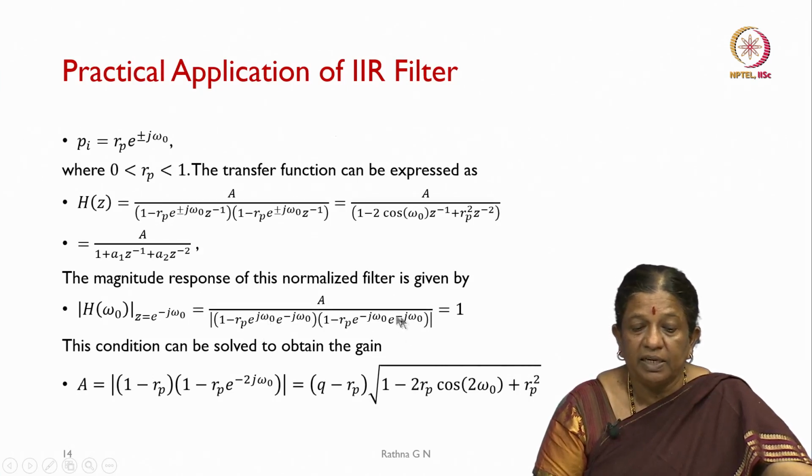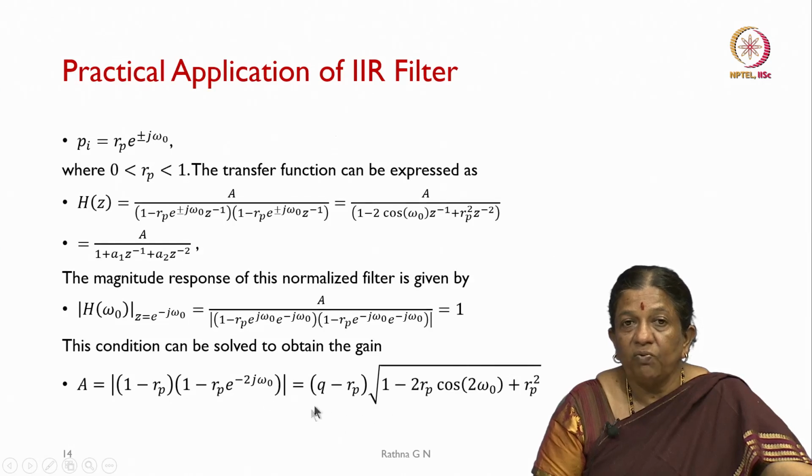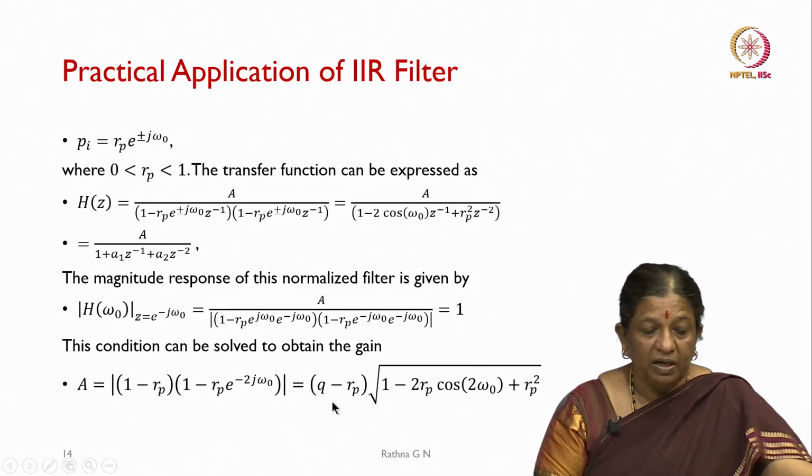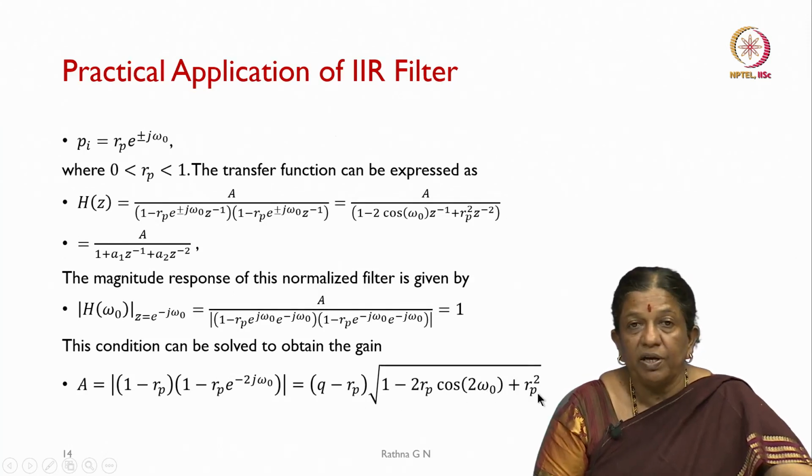This condition can be solved to obtain the gain, that is, what A is equal to. Some quantized values we assume: 1 minus Rp into the root of 1 minus 2 Rp cos 2 omega naught plus Rp squared.